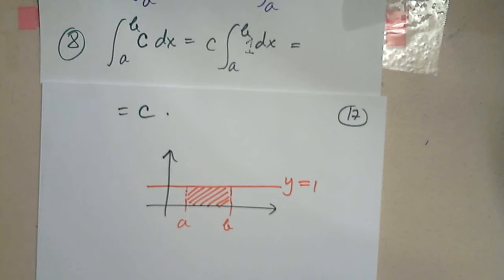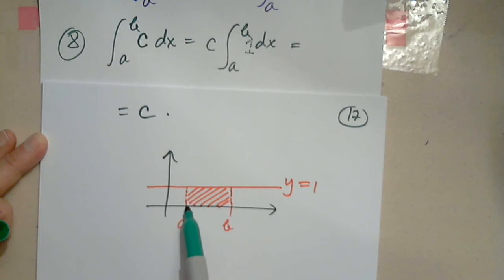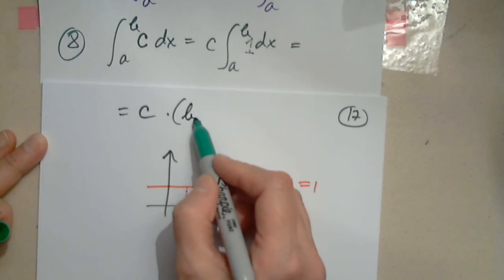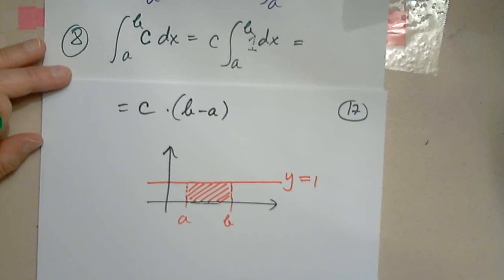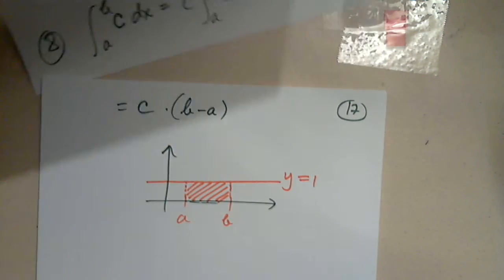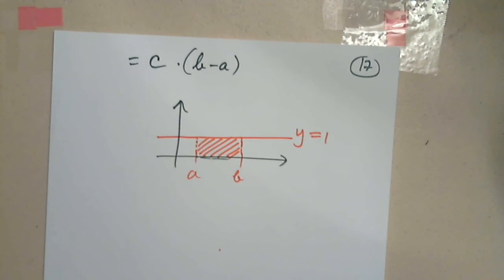It's a rectangle. What is the base? B minus A. But we know how to determine that. We don't even need to look at the graph. Let's determine it because we know.